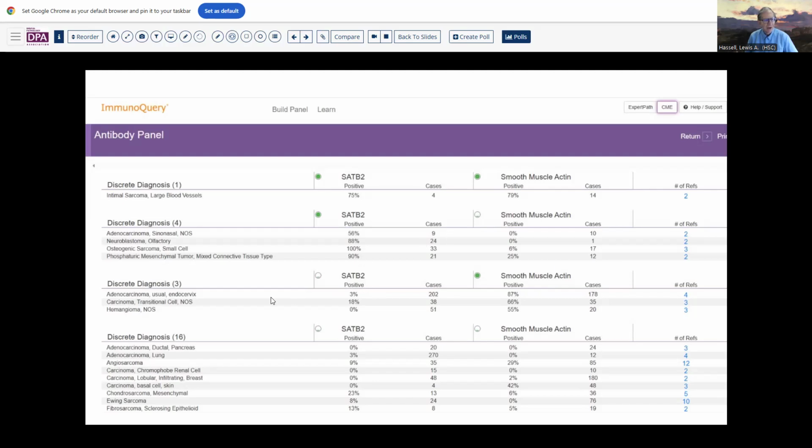Looking at the other considerations where SATB2 would be the outlier, we don't see anything that looks to be within our histologic differential based on the H&E.